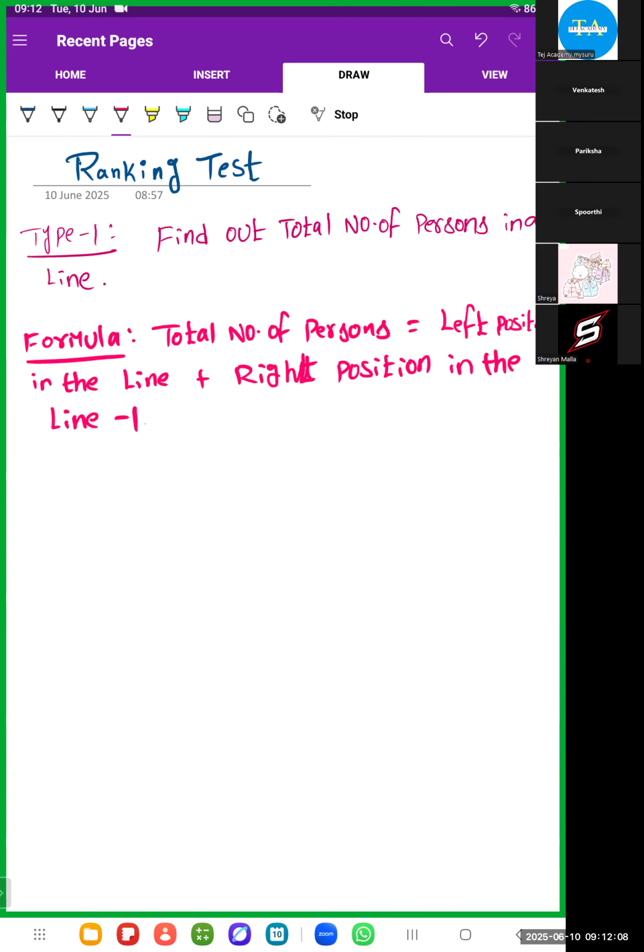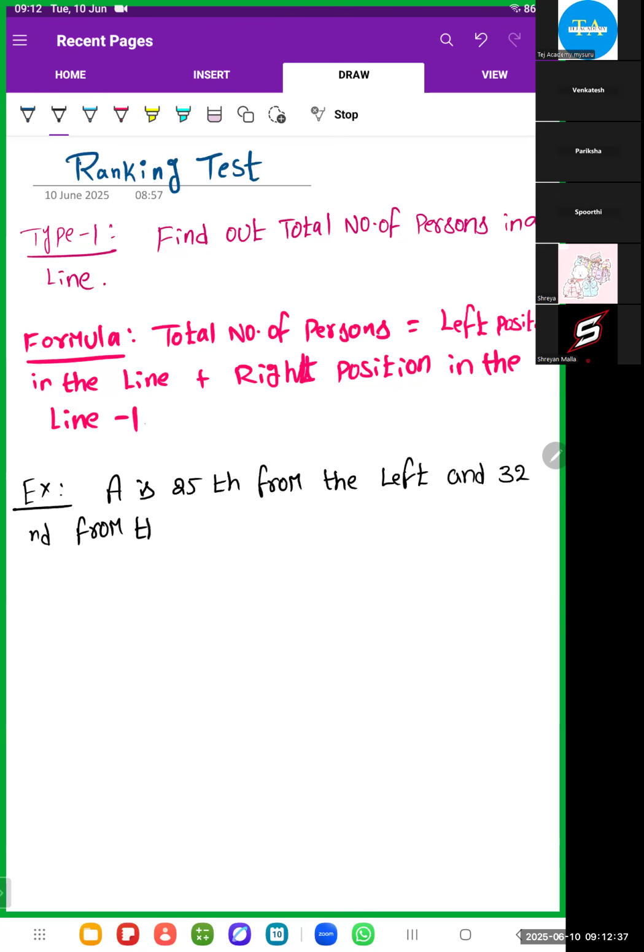Okay, so then we can take one example. So based on this formula, A is 25th from the left and 32nd from the right.